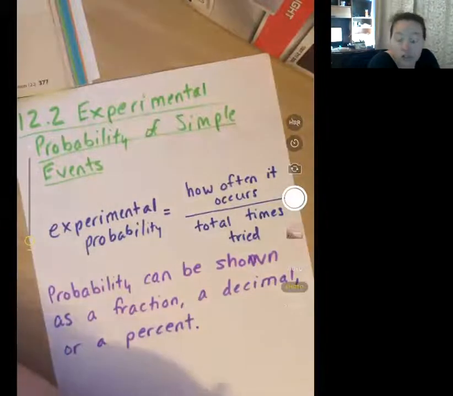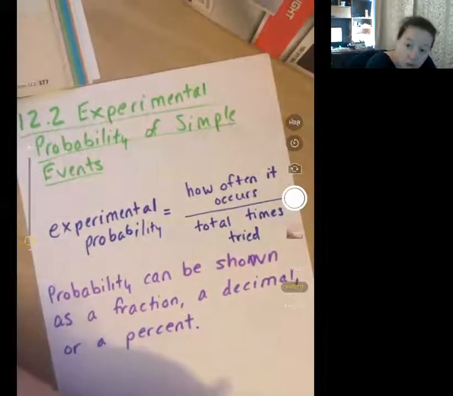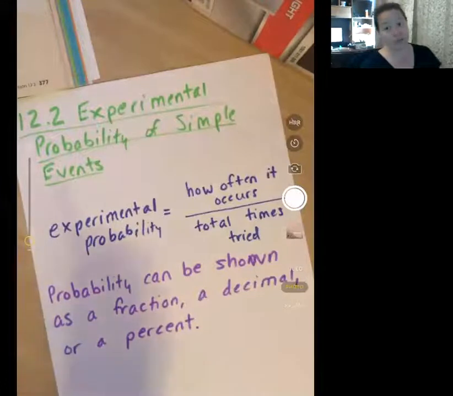So if it asks for 3 different ways to show it, those are the 3 different ways to show it. It is a fraction, a decimal, or a percent.